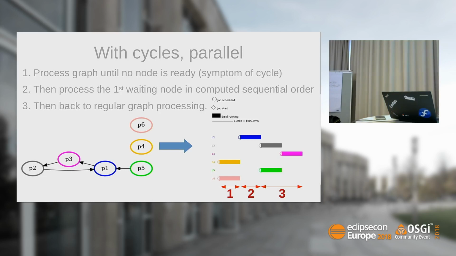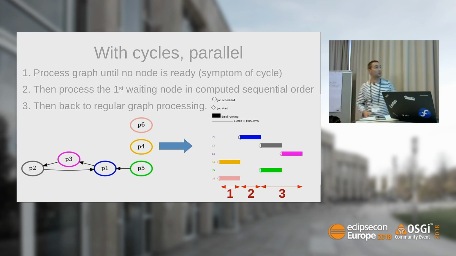So what we do is that we take the sequence that was computed earlier, the strongly connected component sequence, and we just pick the first one in the sequence. At least we know that in the legacy world, it has worked like this forever, so it's a safe choice to just respect the order of the sequence.